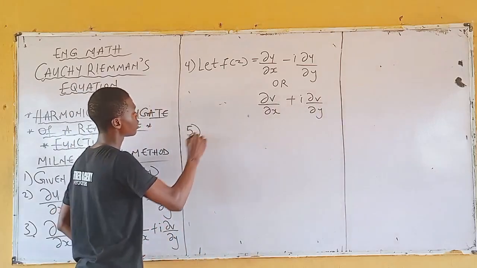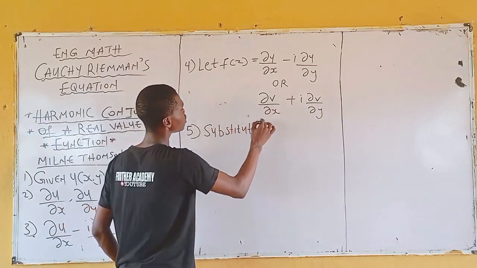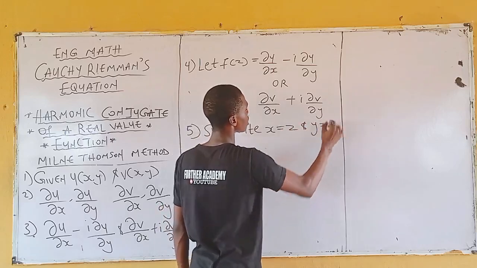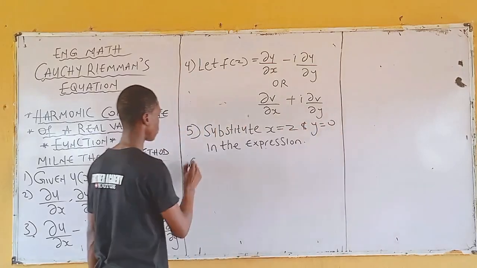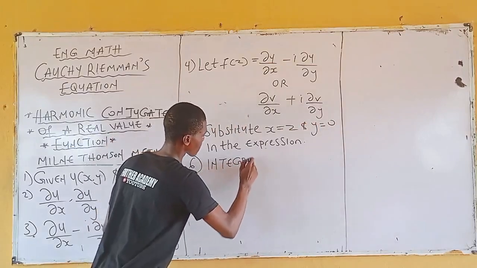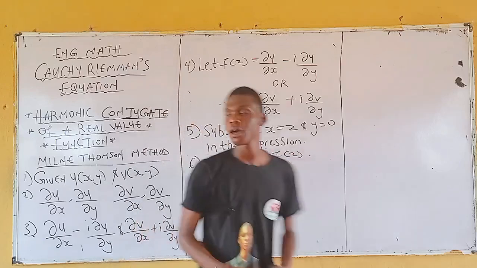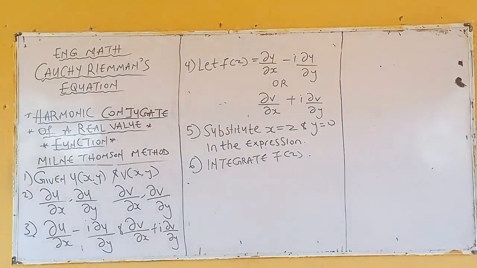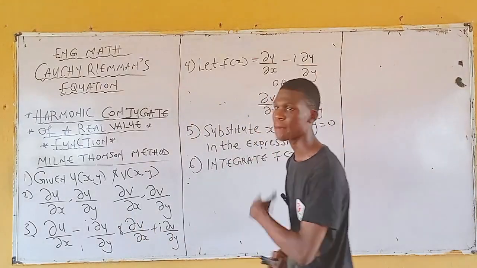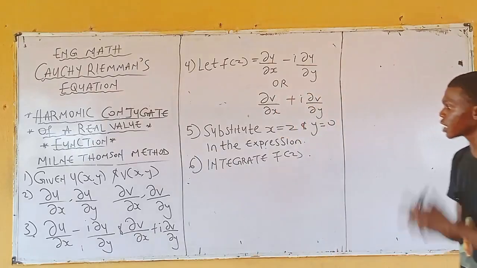Number 5, substitute x equals z and y equals 0. Number 6, integrate f of z. I said using the Milne Thomson method, we have about 6 steps.